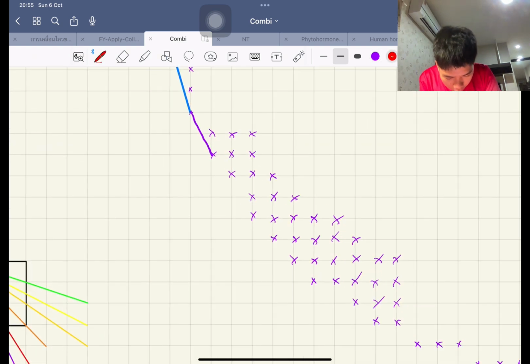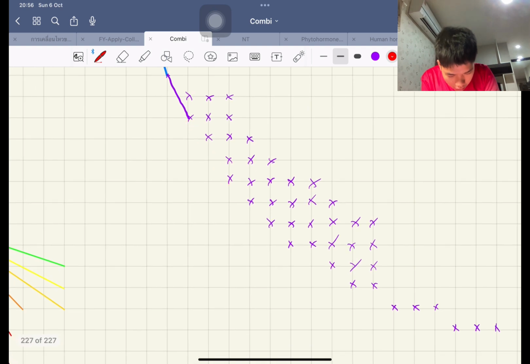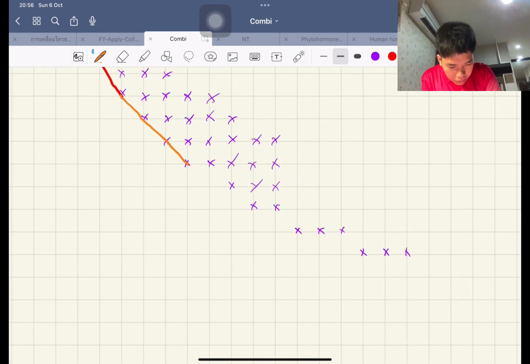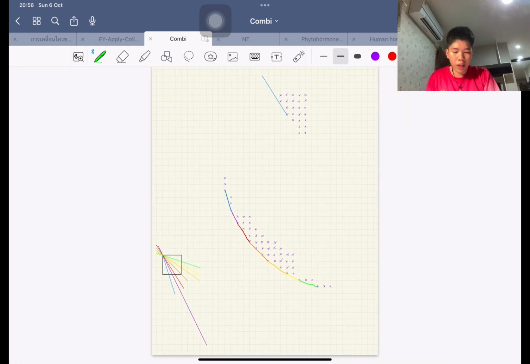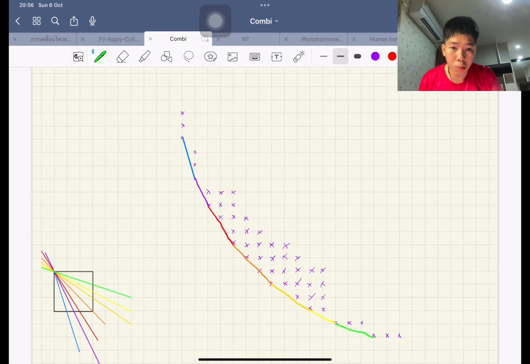And with the red line, we can also draw this segment. See, this is what I'm talking about in terms of forcing everything on the final product.